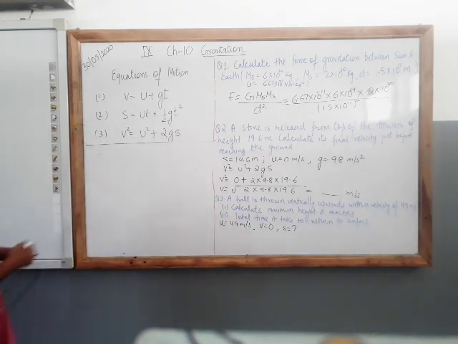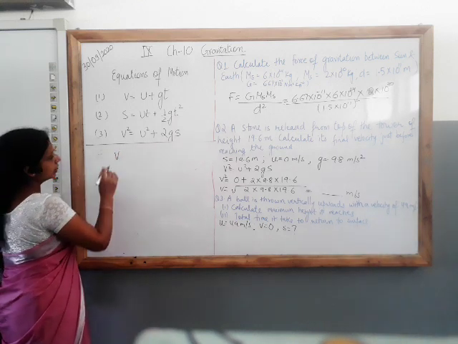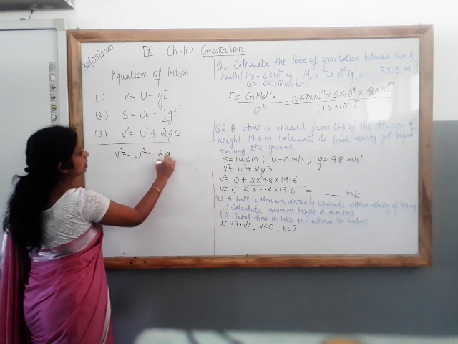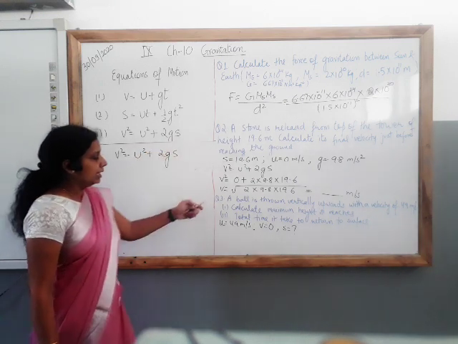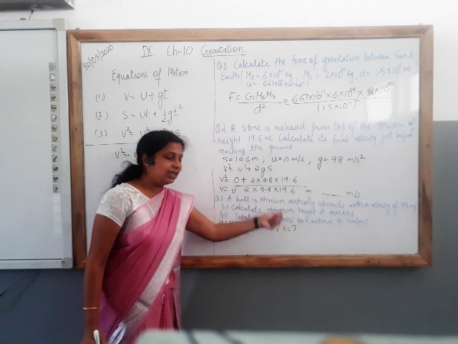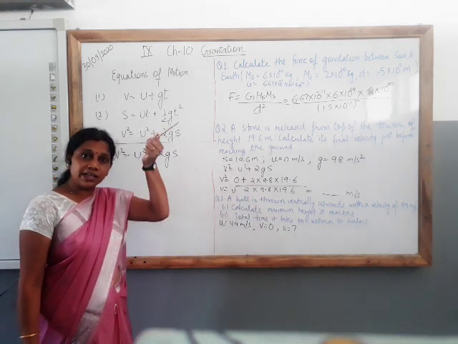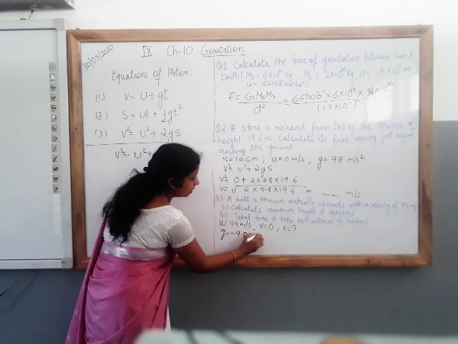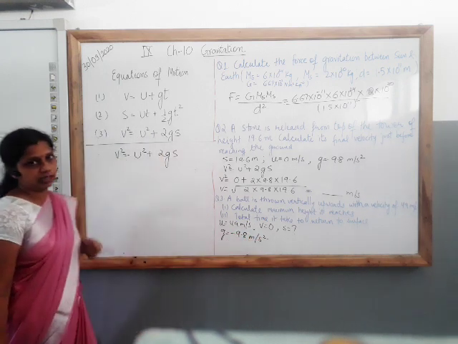So V square is your 0. So this equation I am going to use. One more thing. Here, because you are throwing ball in upward direction, your G become minus 9.8 meter per second square, negative.